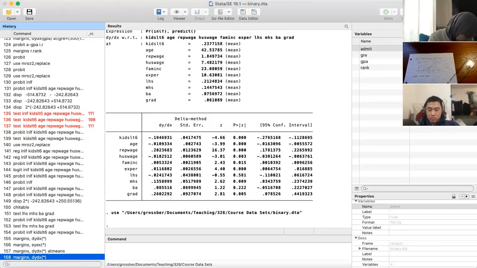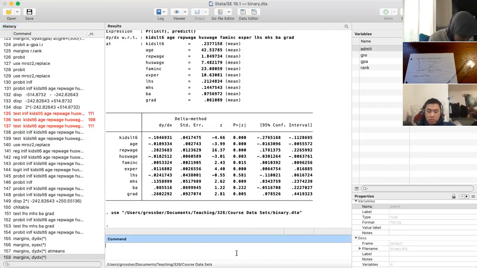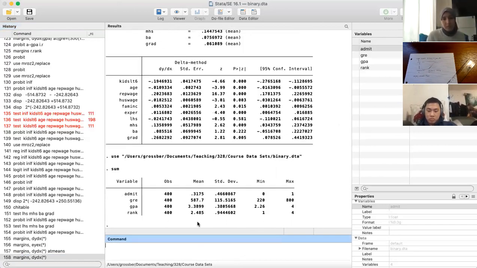Okay, so this is a more manageable data set. This is college admissions, 400 observations. You can see that about 31% of people are actually admitted.